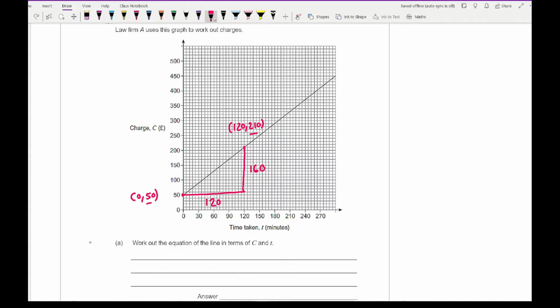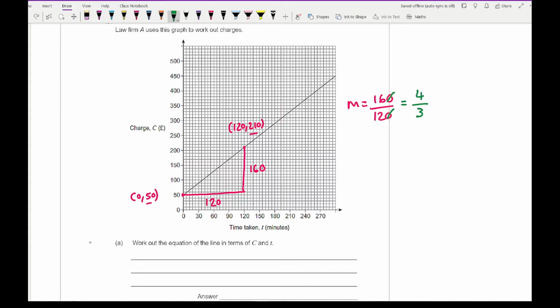So here, the m value is going to be 160 over 120. And if I simplify that, assuming this is a non-calculator paper, we've got 8 over 6, and then that becomes 4 over 3, as I've divided by 2.